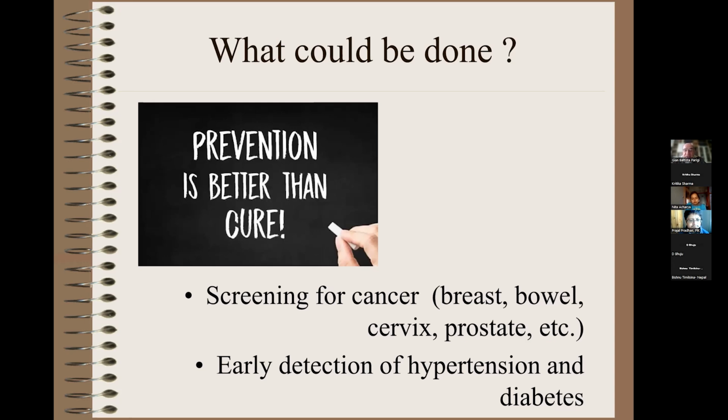Again, early detection of hypertension and diabetes. Last July, the Alpine Club of Italy proposed a day of screening of hypertension. We went on all the refuges in the Alps, and all the trekkers, the alpinists reaching these huts, were controlled for hypertension.